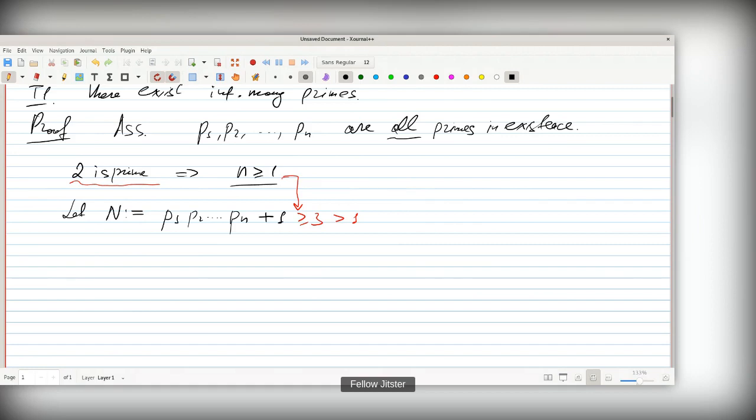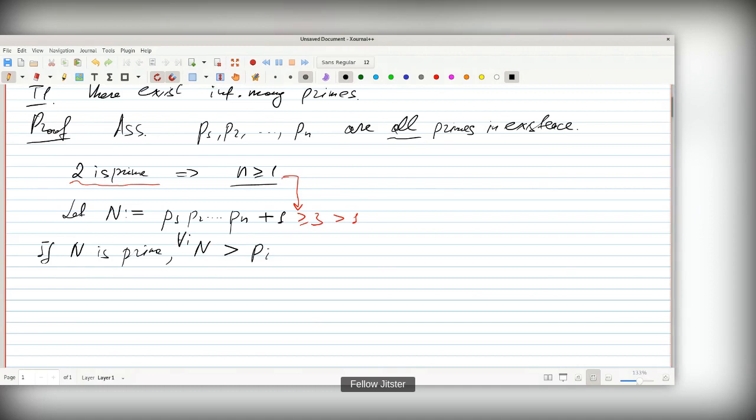Can it be prime? If N is prime, we have that N is greater than any of these primes.